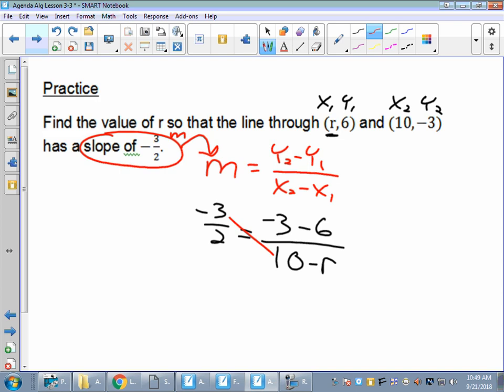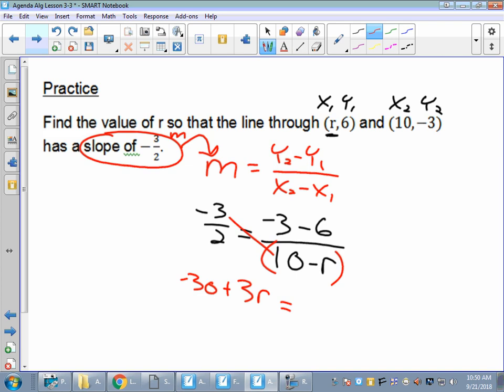Remember, this would be in parentheses, so we're going to have to distribute. -3 times 10 would be -30, and then -3 times -r is a plus r. Remember, negative times a negative is a positive. Excuse me, there'd be a plus 3r. There we go, plus 3r. So -30 plus 3r is on that side.